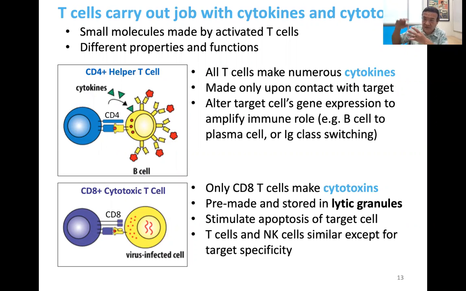If a target cell receives these, they are the little messages that tell that target cell to undergo apoptosis and die, because it's infected. So cytokines and cytotoxins are all just small molecules made by activated T cells, but they have different properties and functions. All T cells will make numerous types of cytokines, and many of them are made only upon contact with a target, to make it worth their while to make certain types of messages.